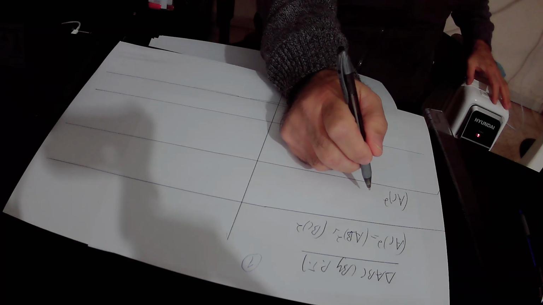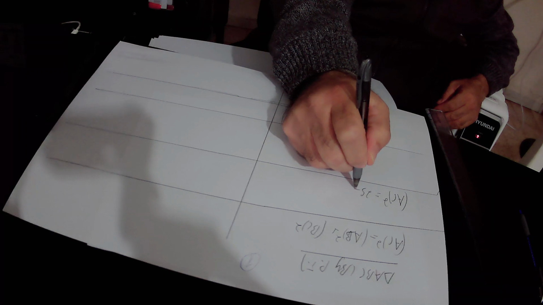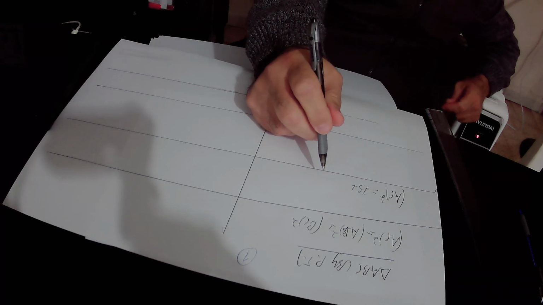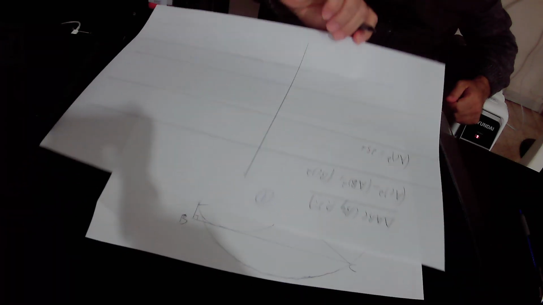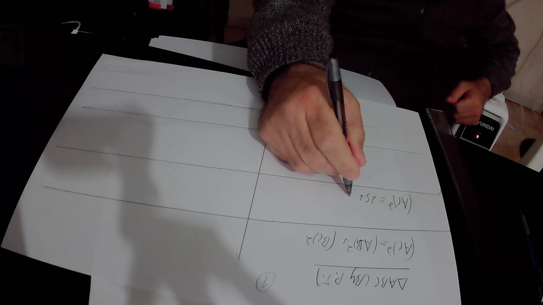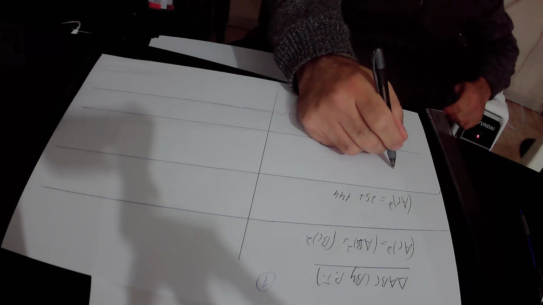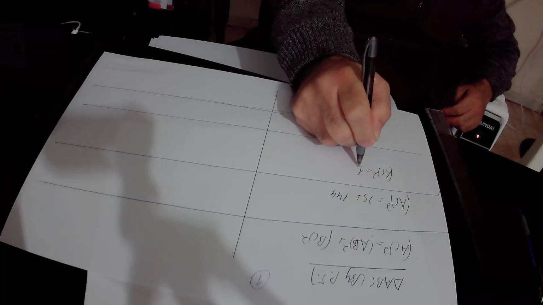AB is 5, therefore AB squared is 5 squared, that is 25, plus BC squared. BC is 12, therefore BC squared is 12 squared, that is 144. So in conclusion, we found out that AC squared equals 25 plus 144, that is actually 169.